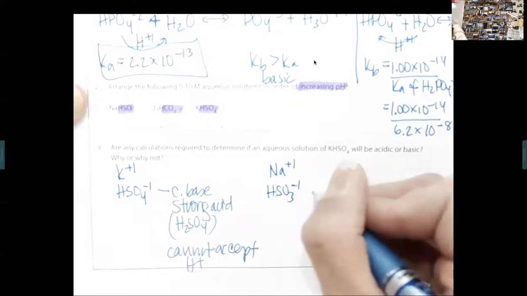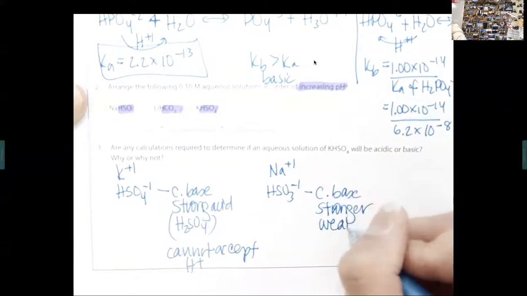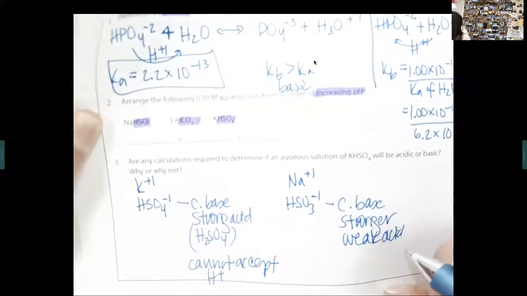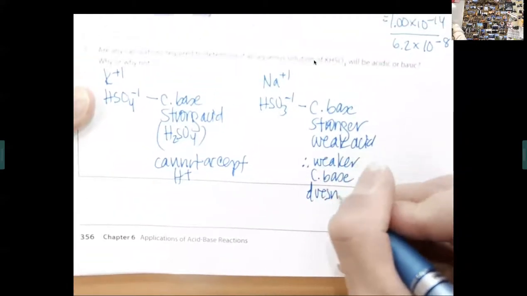And then if I'm looking at Na+1 and HSO3 -1, this is the conjugate base of a stronger weak acid. So therefore, it has a weaker conjugate base, and it doesn't accept hydrogens often.